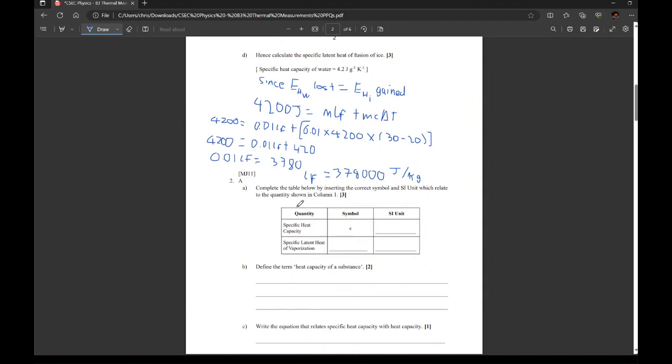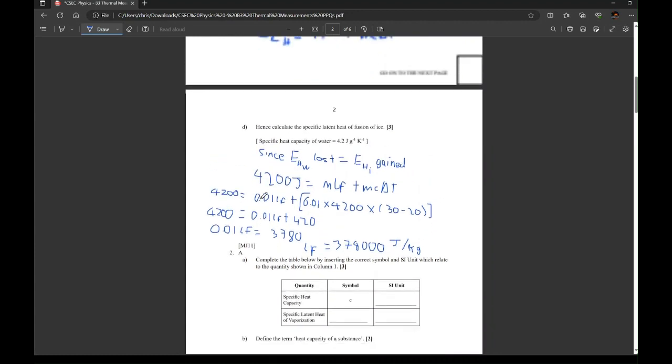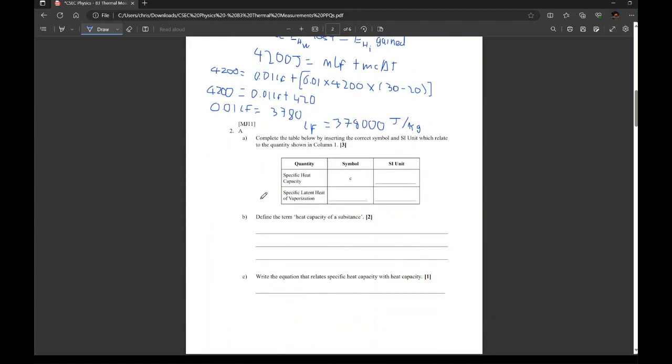So now we move on to May-June 2011. So it's from the same year, but in a different month. And they just ask us to complete a table, right? So specific heat capacity has a symbol of C, which we know, and SI unit is joule per kilogram per Kelvin.